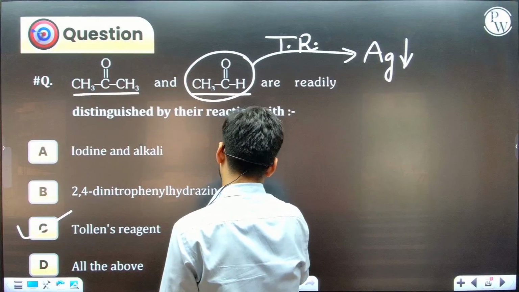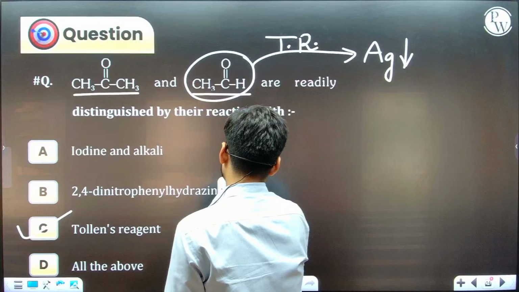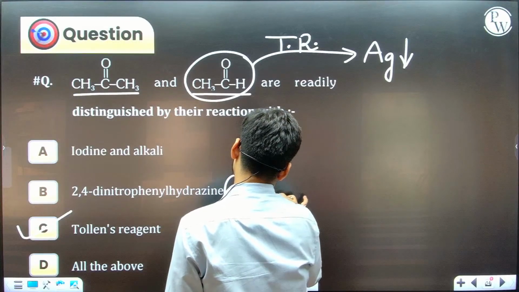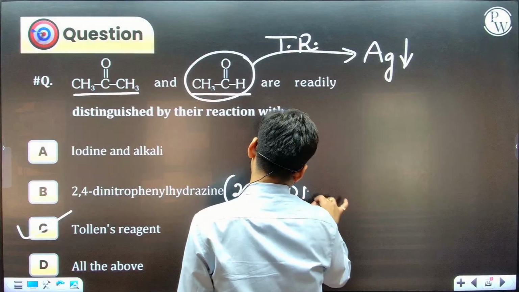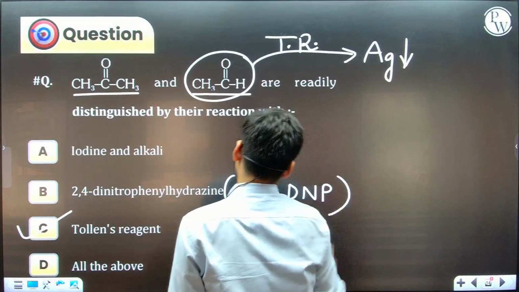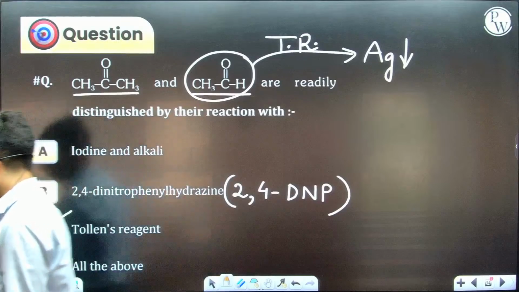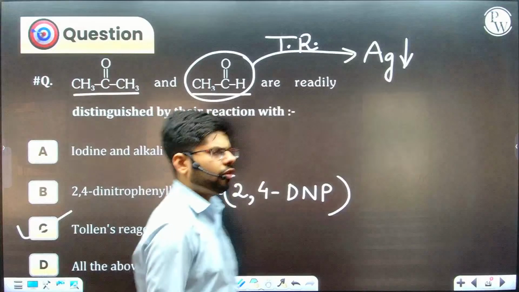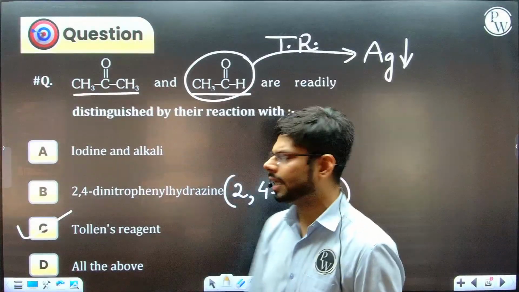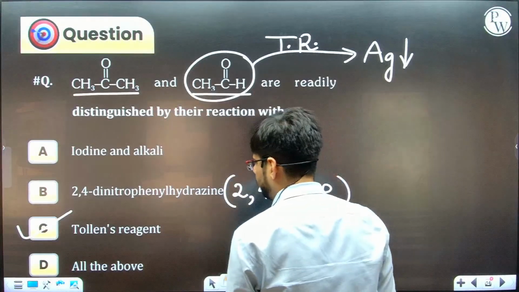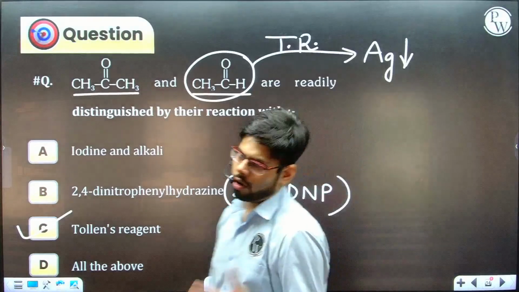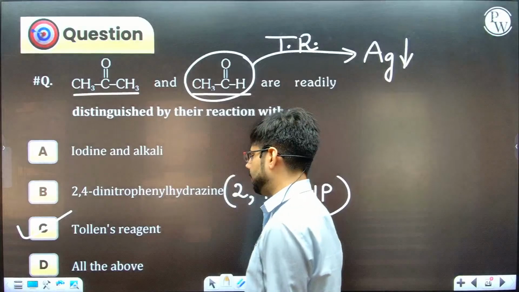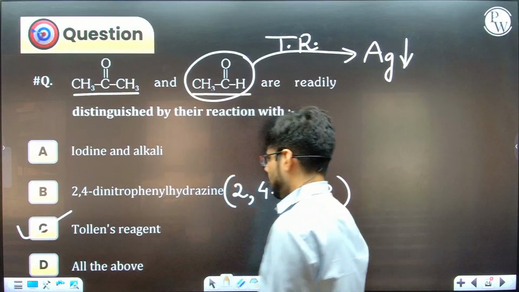This is called 2,4-DNP. So any aldehyde reacts with 2,4-DNP. Any ketone also reacts with 2,4-DNP. And you cannot distinguish, because all aldehydes and all ketones undergo reaction with 2,4-DNP. So the answer is option C.